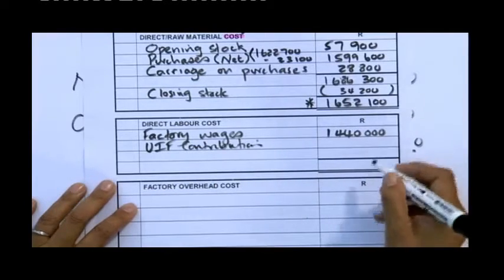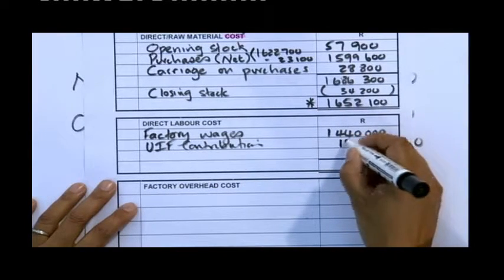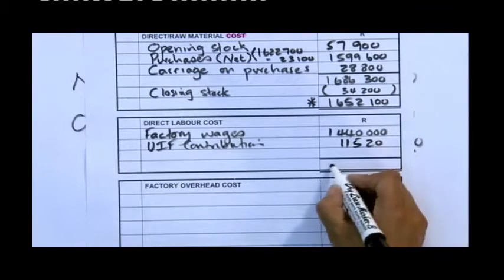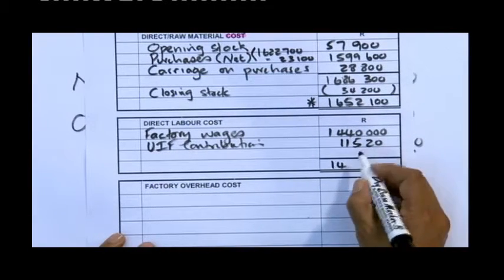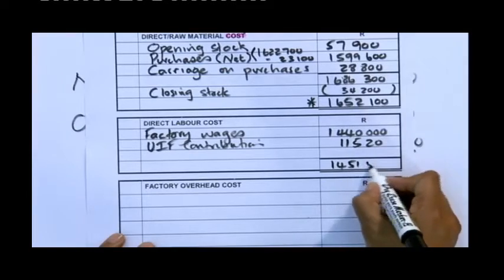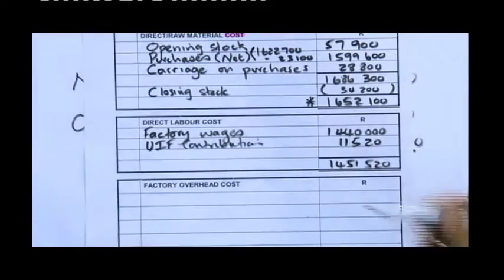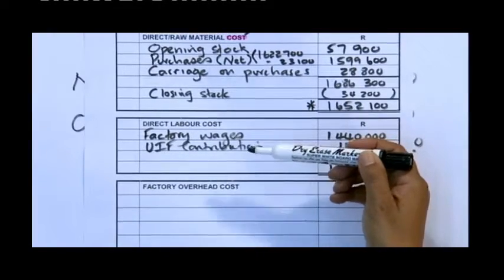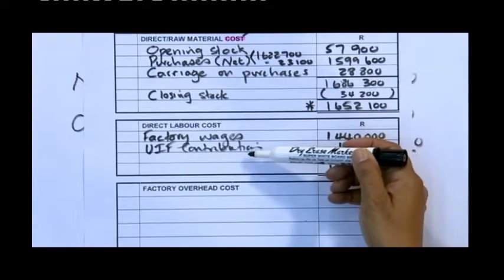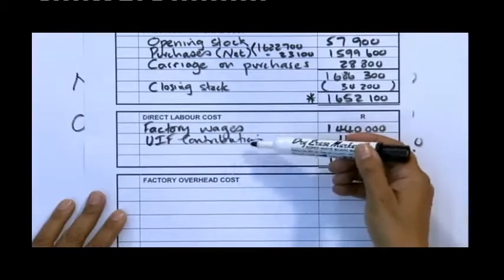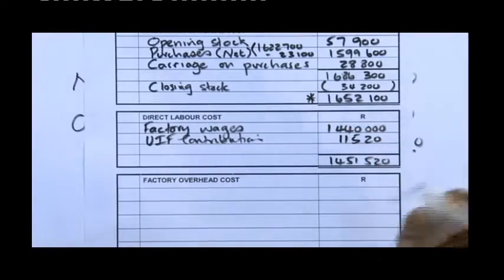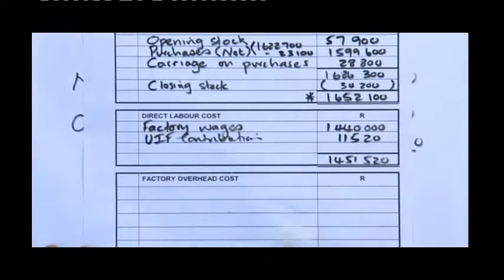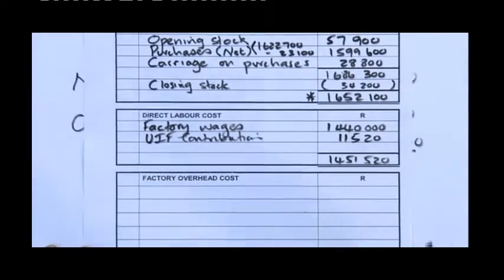You understand that that is an expense to the organization, 11,520. We'll add that together and we'll get 1,451,520. So don't forget, whatever contributions there are that the factory or the employer or the company pays, not on behalf of, but pays in addition to the deduction. Only the contribution, not the deduction.